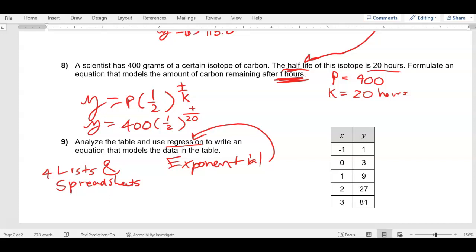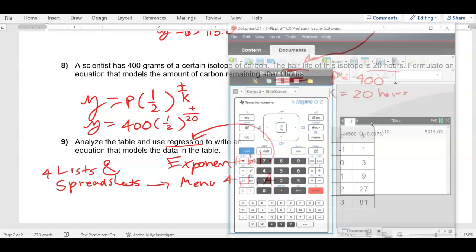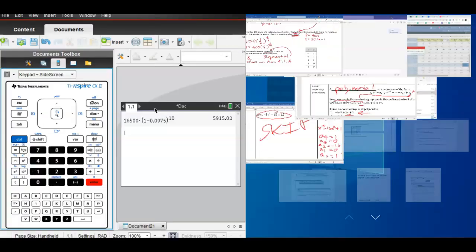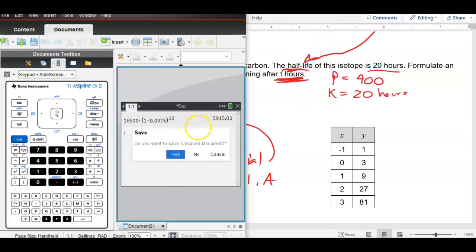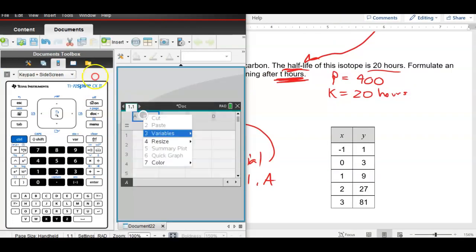At the very end you're doing menu 41A. So let's see what it looks like. Press on your document, don't save. Number 4, X and Y must go at the very top.